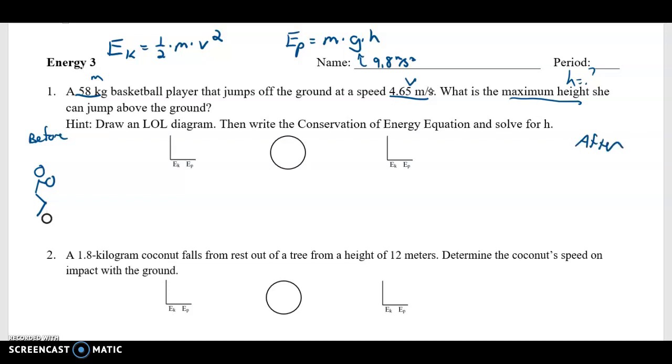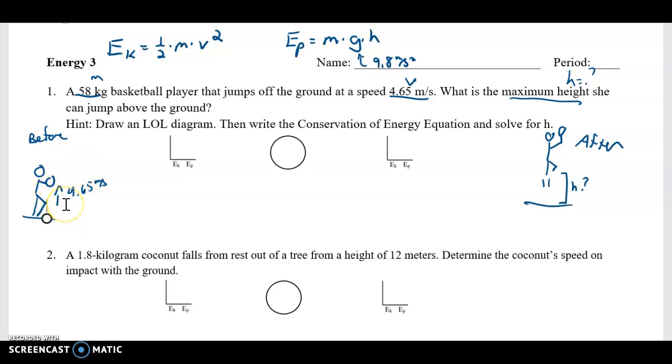When she jumps up in the air to make a shot, off of the ground, we want to know how high she's going to end up going. Originally, just at the very beginning, she is starting to jump up in the air with a speed of 4.65 meters per second.